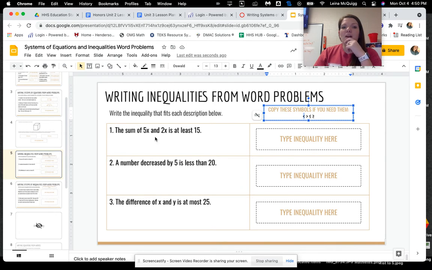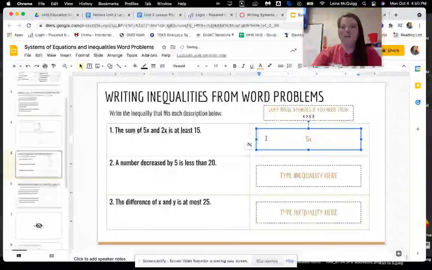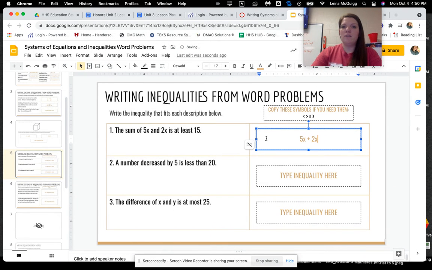Okay, so the sum of 5x and 2x is at least 15. So first, let's start with the sum. Sum means we're adding. So is it going to be at least? Does that mean it's going to be smaller than 15, or does that mean it's going to be 15 and bigger?